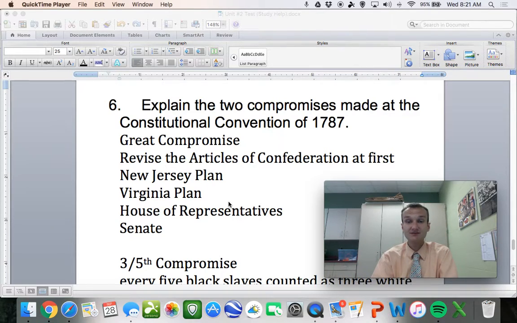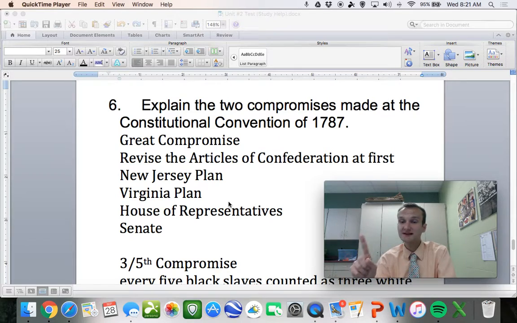The New Jersey plan said we need a government with a legislature that is equal in representation for all 13 states, and any future states. The same amount of representatives for every state. That's the New Jersey plan.